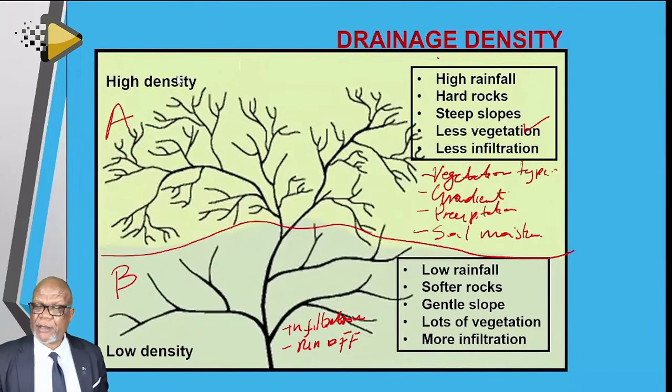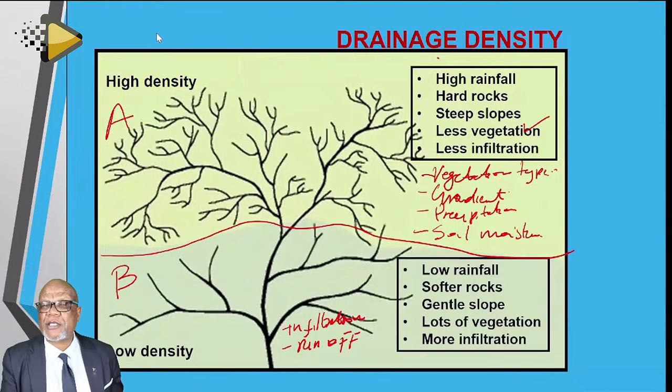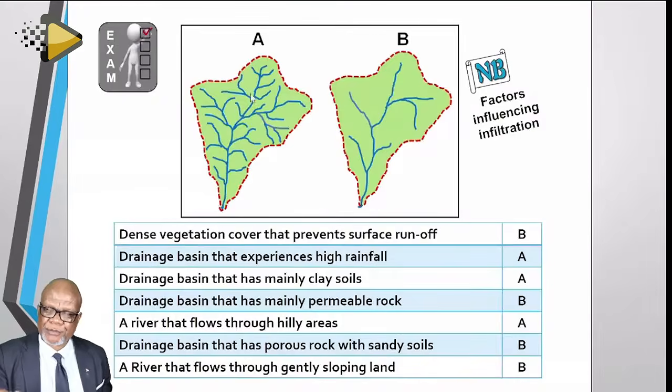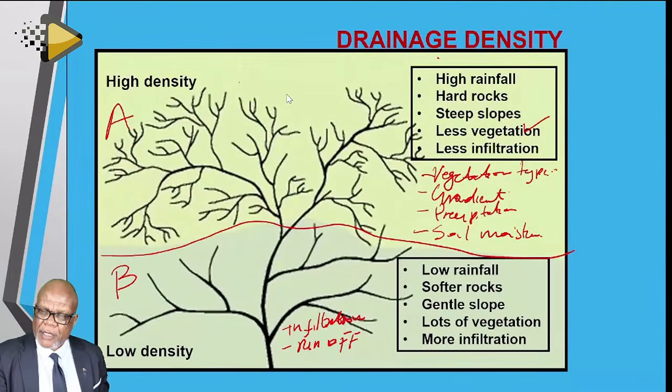When you're looking at A, what is the type of soil, or the type of rocks here? At A, there is hard rock. Because of hard rock, what is happening? There's going to be more surface runoff and less infiltration.